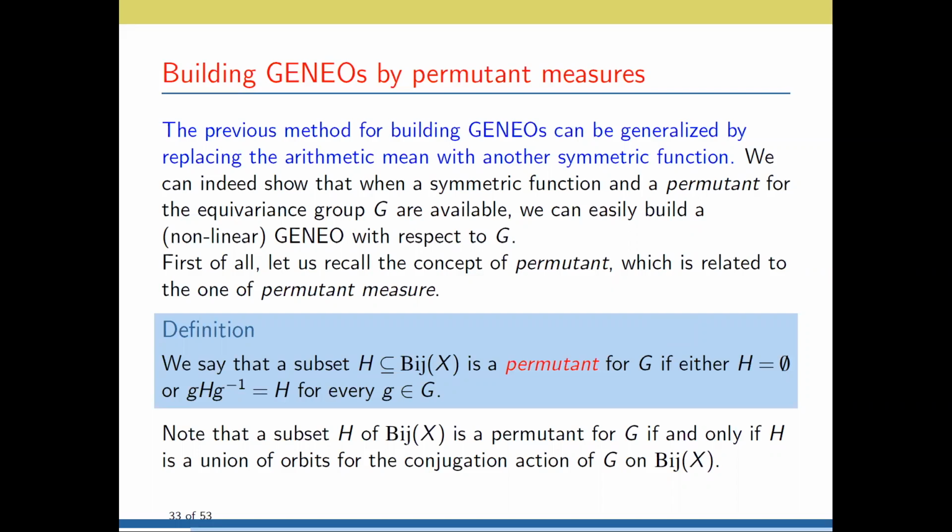In order to show that, we have to recall the concept of permutant, not permutant measure, permutant, which is related to the concept of permutant measure. Definition: we say that a subset H of a group of permutations of X is a permutant for the group G if either H is the empty set or H is stable under the conjugation action of the group.